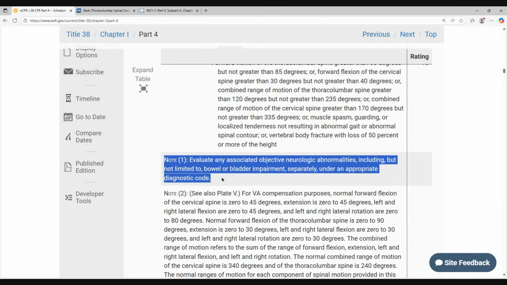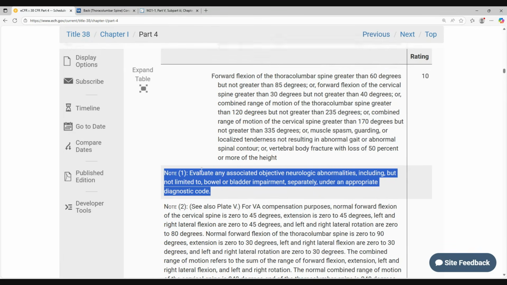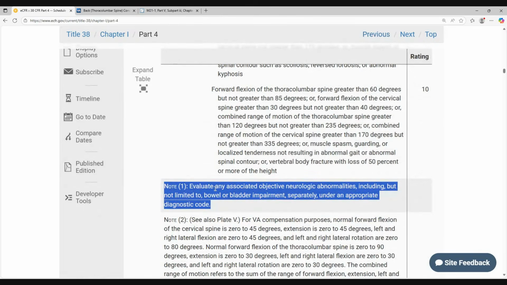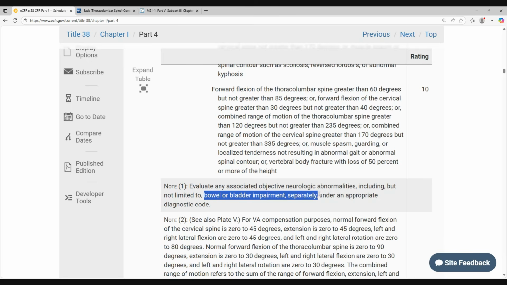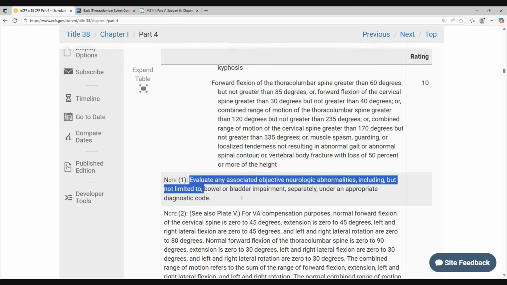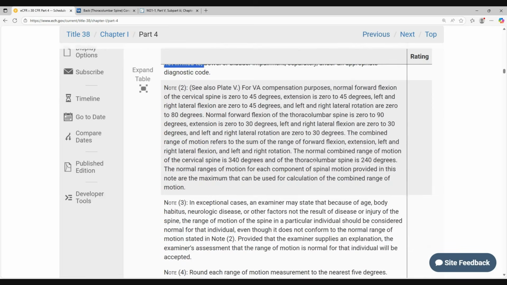If you do a higher level review and get denied, and they say it's not possible, I would use note one in the general rating schedule under the spine as one of my key points to tell the DRO, because if the VA accommodates for it and tells the rater how they should appropriately diagnose such a thing, then it's true that it can be associated. So that's just a tip for individuals out there, because the note sections matter.